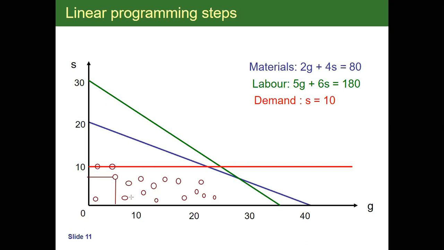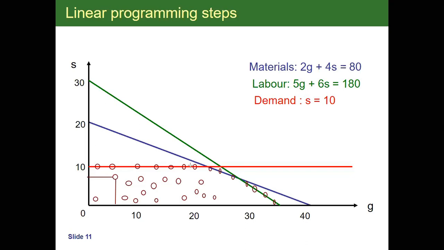It is possible to produce inside, but it will not maximize the profit. If you want to maximize your profit, you should produce as much as possible. So these are my external border.